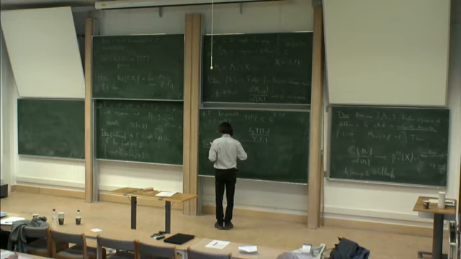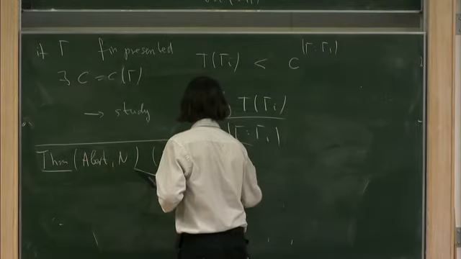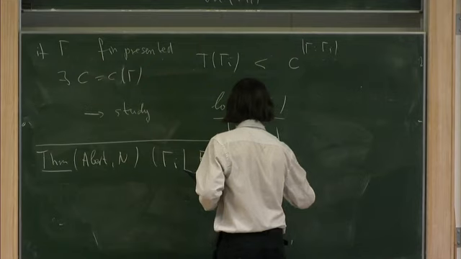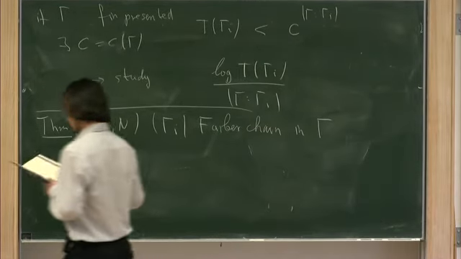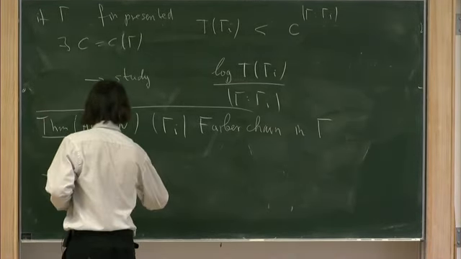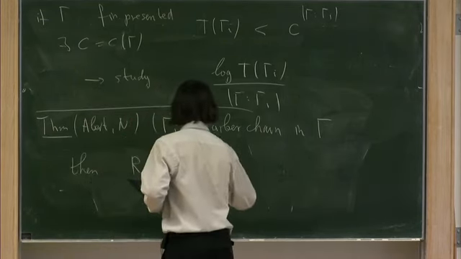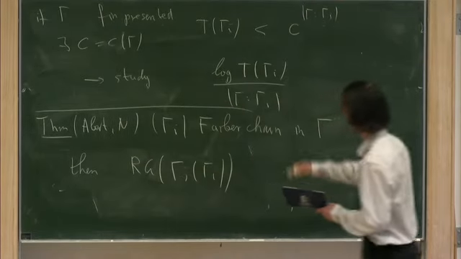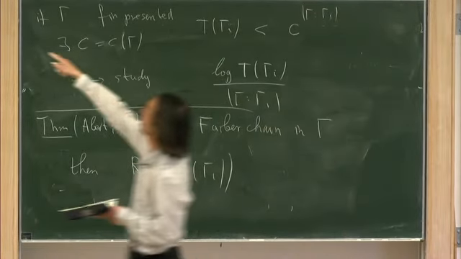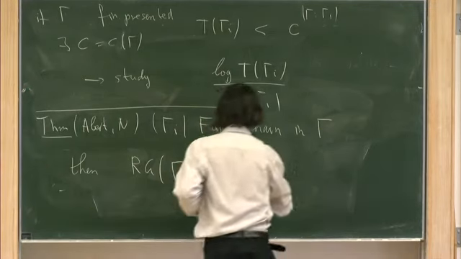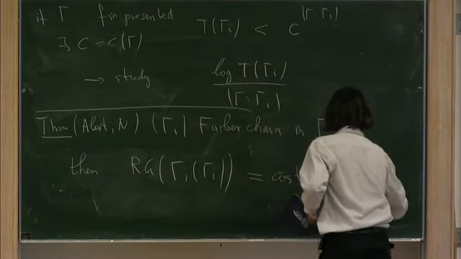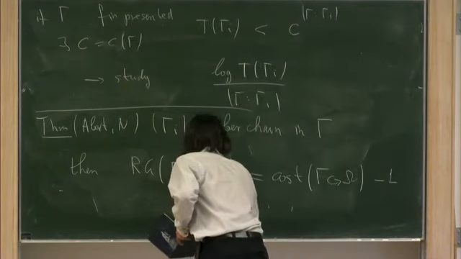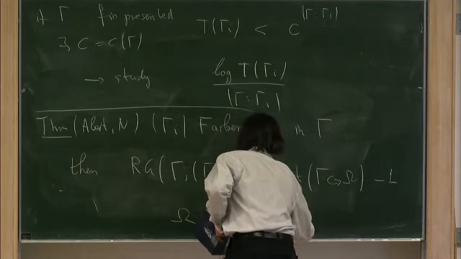We proved that if gamma_i is a Farber chain, then the rank gradient of gamma with respect to gamma_i is exactly equal to the cost of gamma acting on omega minus 1, where omega is this inverse limit of these profinite spaces.